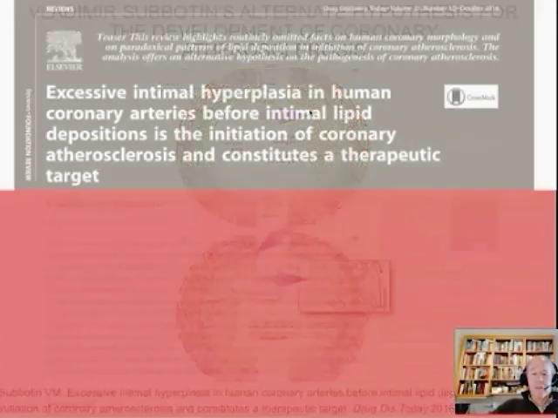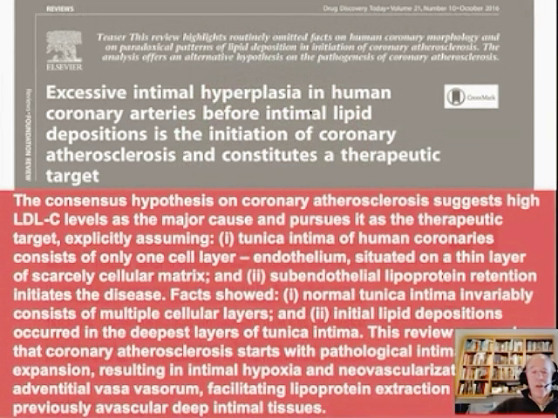So he concludes that the consensus hypothesis on coronary atherosclerosis suggests high LDL cholesterol levels as the major cause and pursues it as a therapeutic target, i.e. by using statins, explicitly assuming, 1, that the tunica intima of human coronary arteries consists of only one cell layer, the endothelium, situated on a thin layer of scarcely cellular matrix.